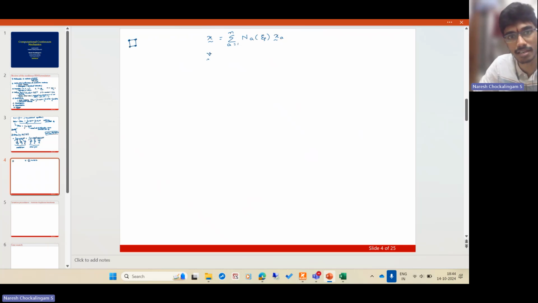Similarly, for the virtual velocity, we have the summation over A going from 1 to n of NA of psi times del VA. And the displacements can also be expressed in a similar format, the summation over B going from 1 to n of NB of psi times UB.